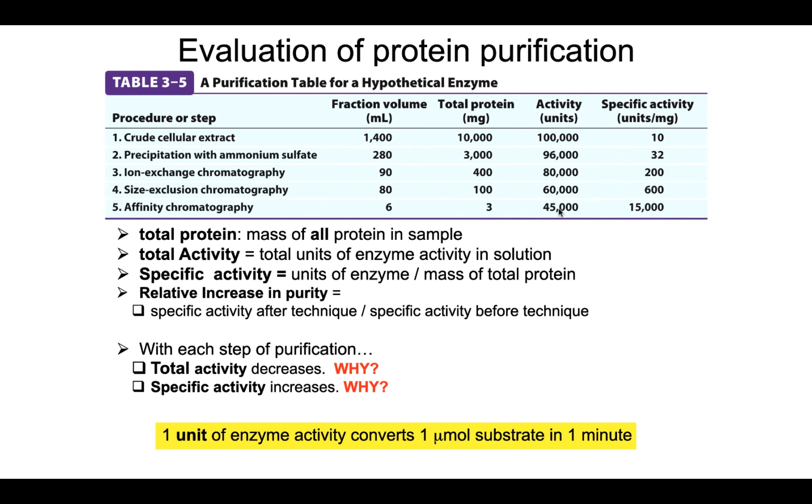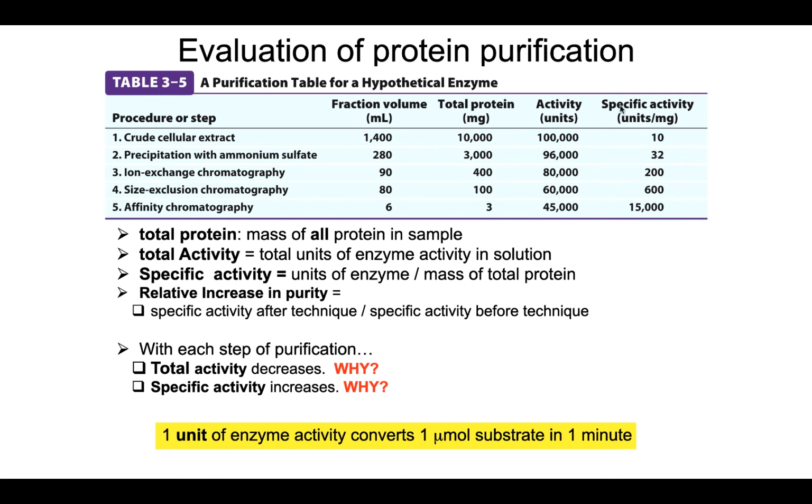And finally, maybe the most important number here is a number that represents the proportion of total protein that is what we're looking at. Basically, it is the units of enzyme, what we're looking for, divided by the total mass of protein, divided by everything.